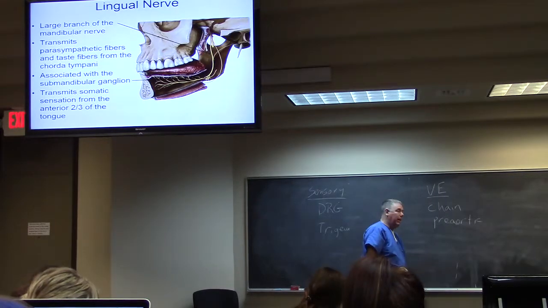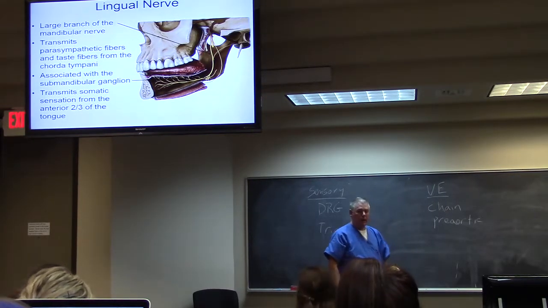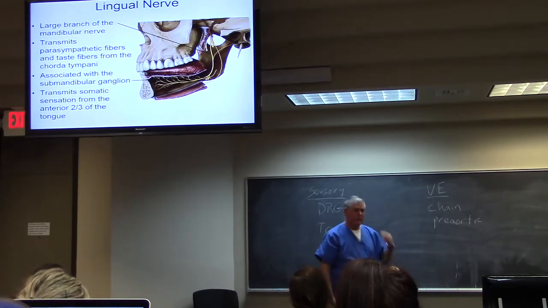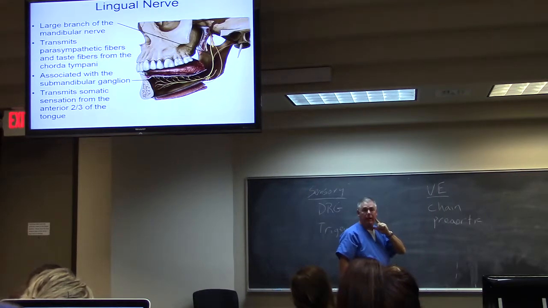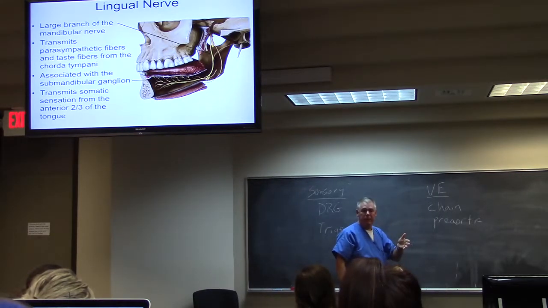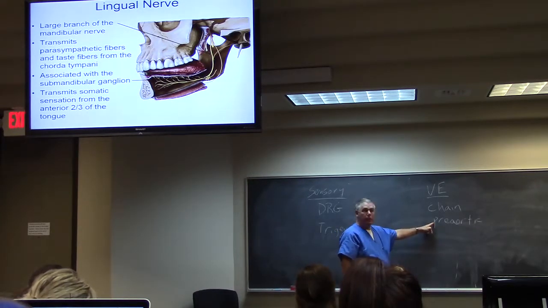But when we're talking about visceral efferents of the head, sympathetics would get to the head through the chain ganglia, the cervical chain ganglia. The parasympathetic visceral efferents are going to be associated with 3, 7, 9, 10. Well, 10 is different, so we're not dealing with 10 visceral efferents in the head.